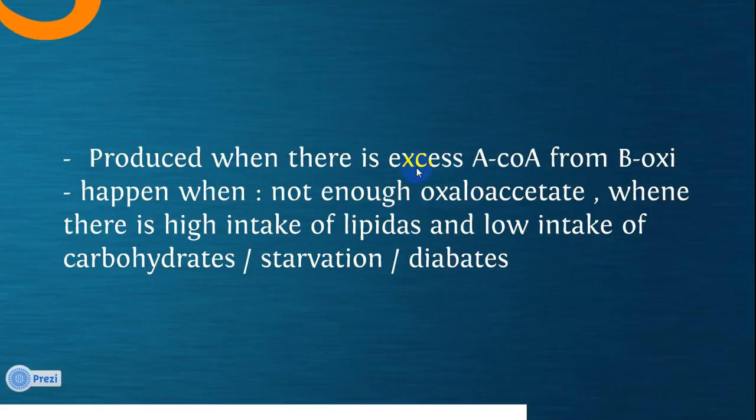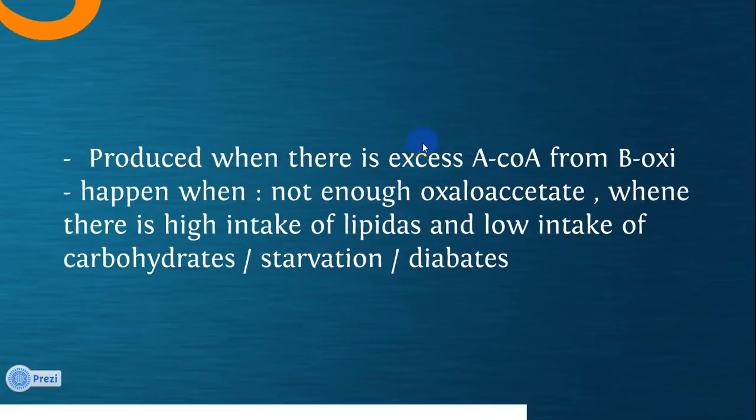So our body will move the acetyl-CoA to another pathway that doesn't need oxaloacetate. Why? Because I don't have oxaloacetate. So when I have an excess of acetyl-CoA, I will go to the ketone bodies pathway. The idea of the ketone bodies pathway is to use the excess acetyl-CoA. It's another pathway where we can use the acetyl-CoA to produce some energy.